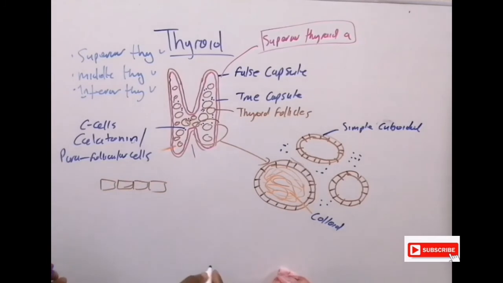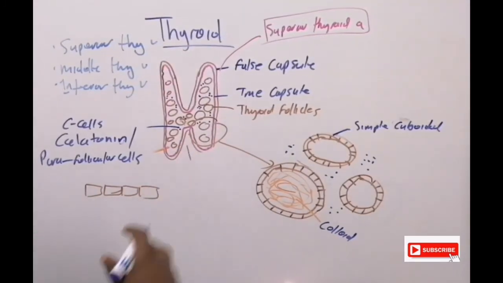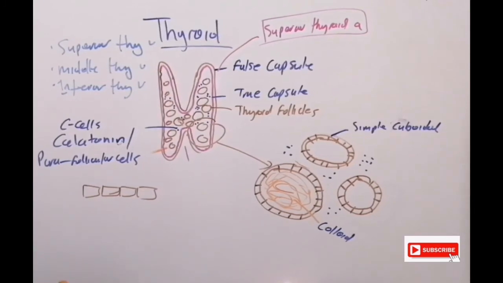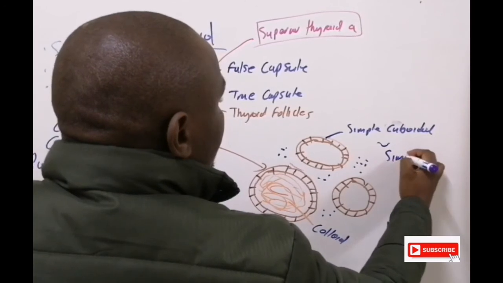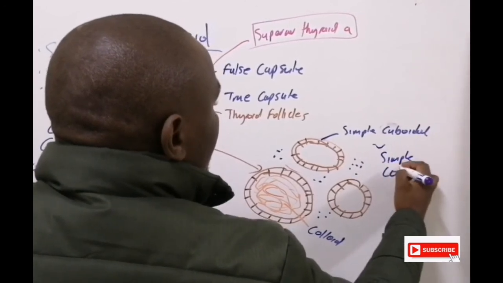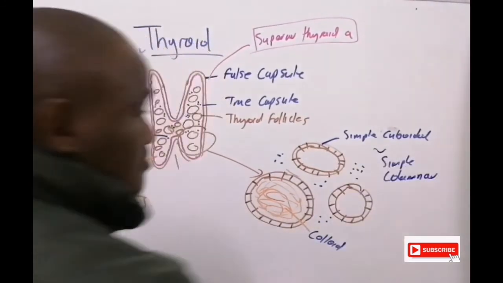And when they are active, they are simple columnar. So they become elongated when they are active. So let me just say simple columnar, right?